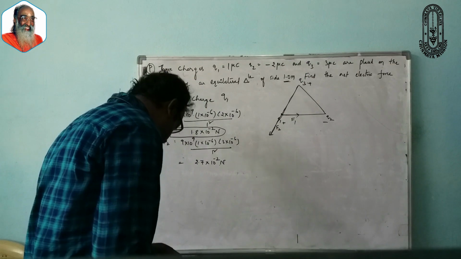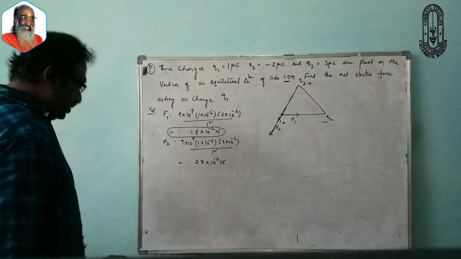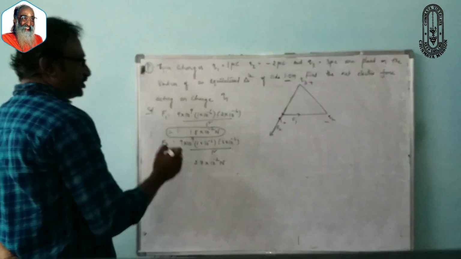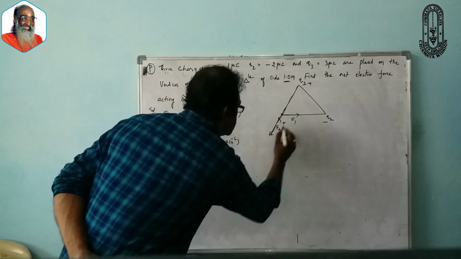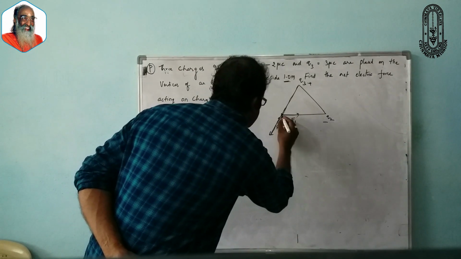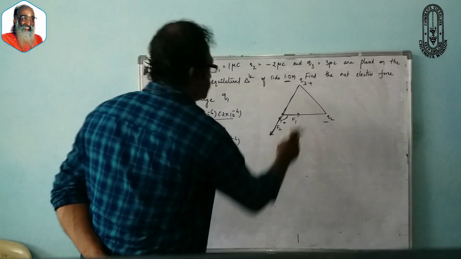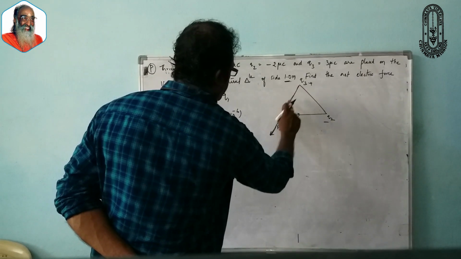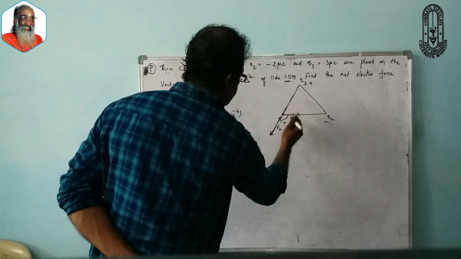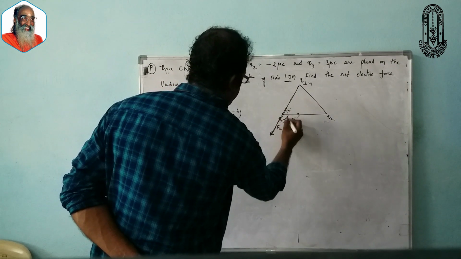Okay, now this F1 and F2, you just observe here, this is F1 and this is F2, and the angle between them. What is this angle? This is an equilateral triangle, as you know. All the three angles will be equal, 60 degrees, and so if this is 60, this will be equal to 120.